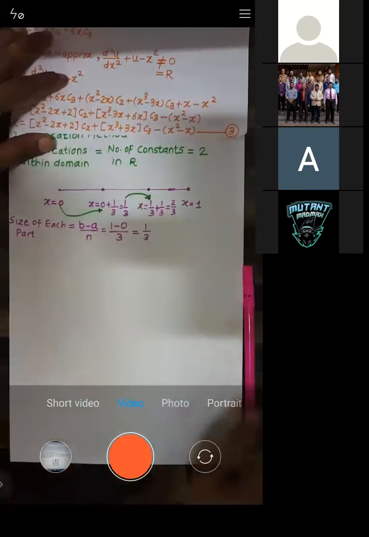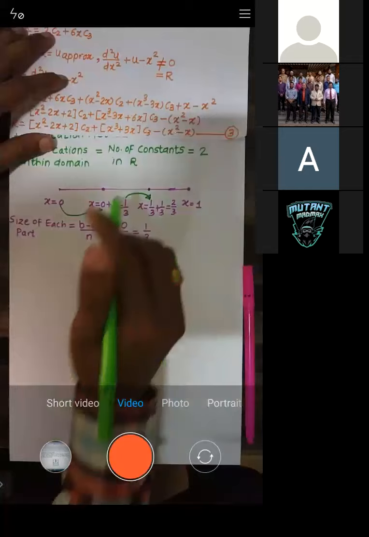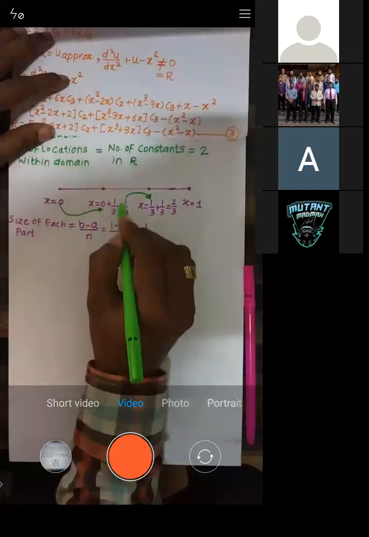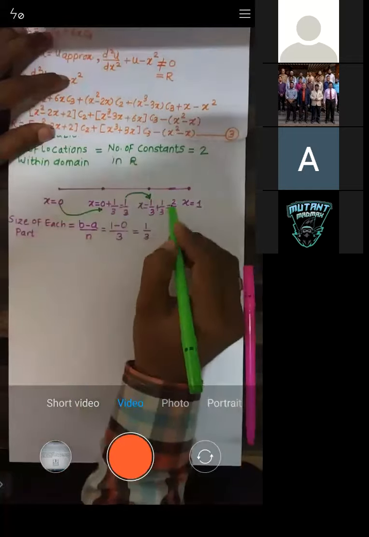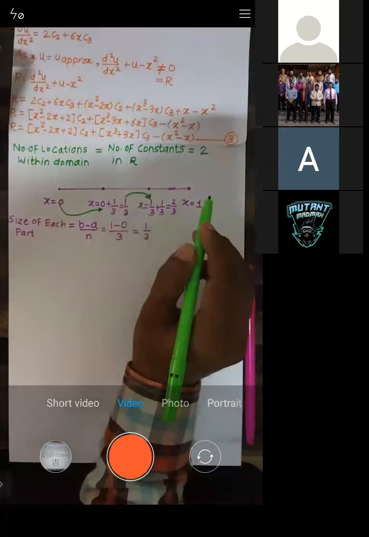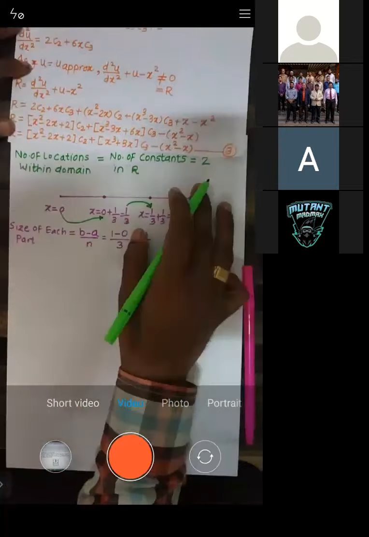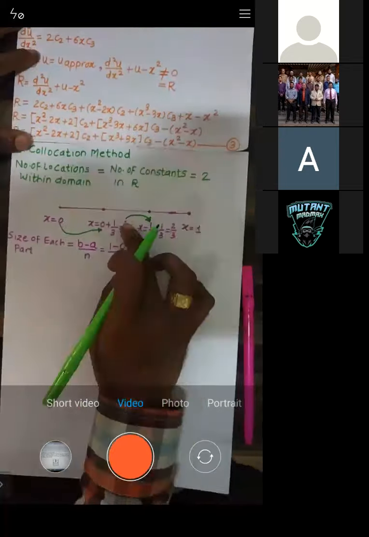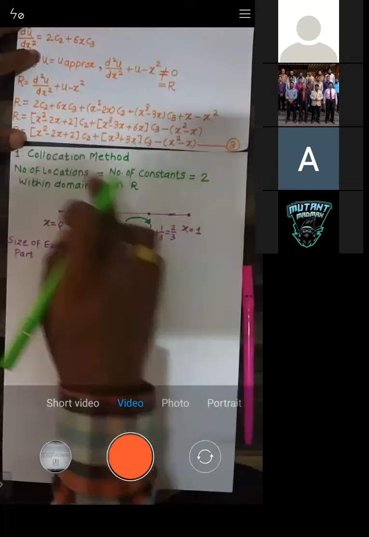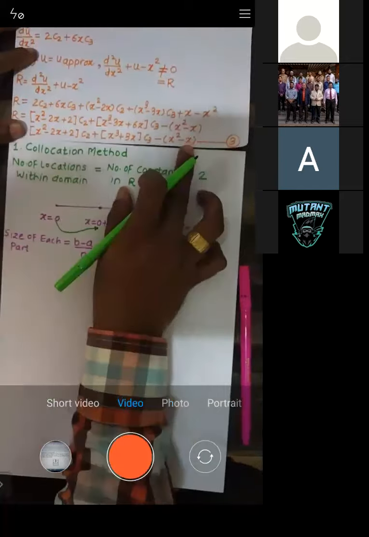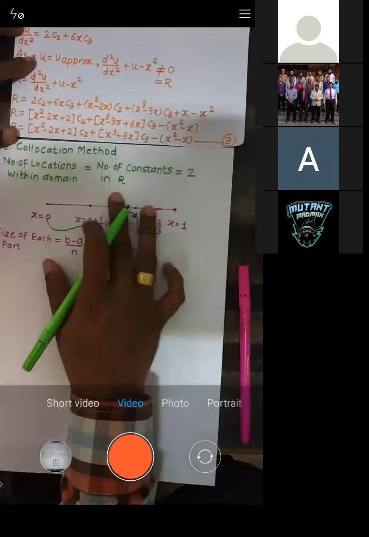Okay. Now see, now how we got two locations. First location is when x is 1/3. A second location is when x is 2/3, right? Now let us put these values of x as 1/3 first and get one equation. So in this equation of r, I will put initially x as 1/3.